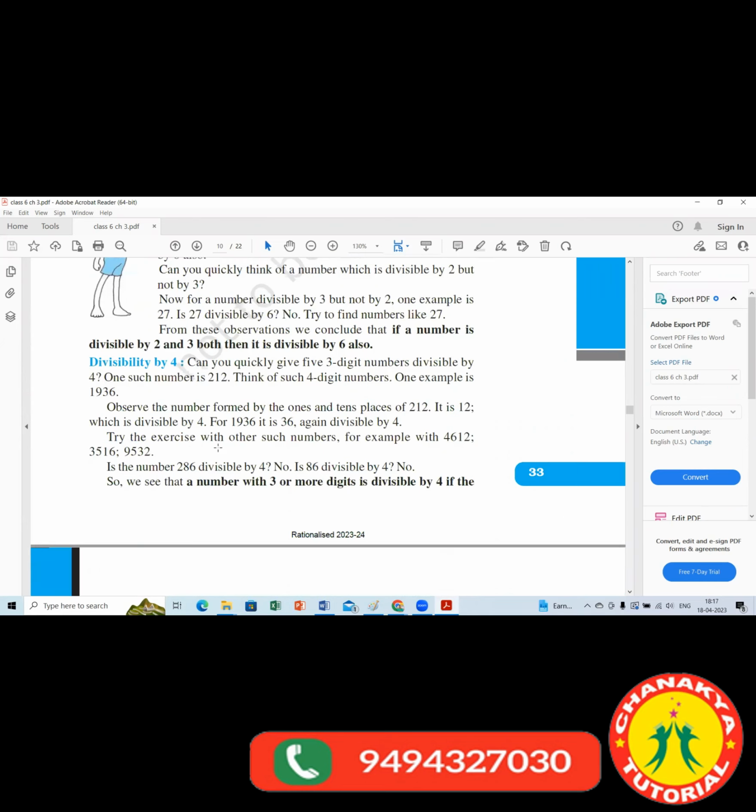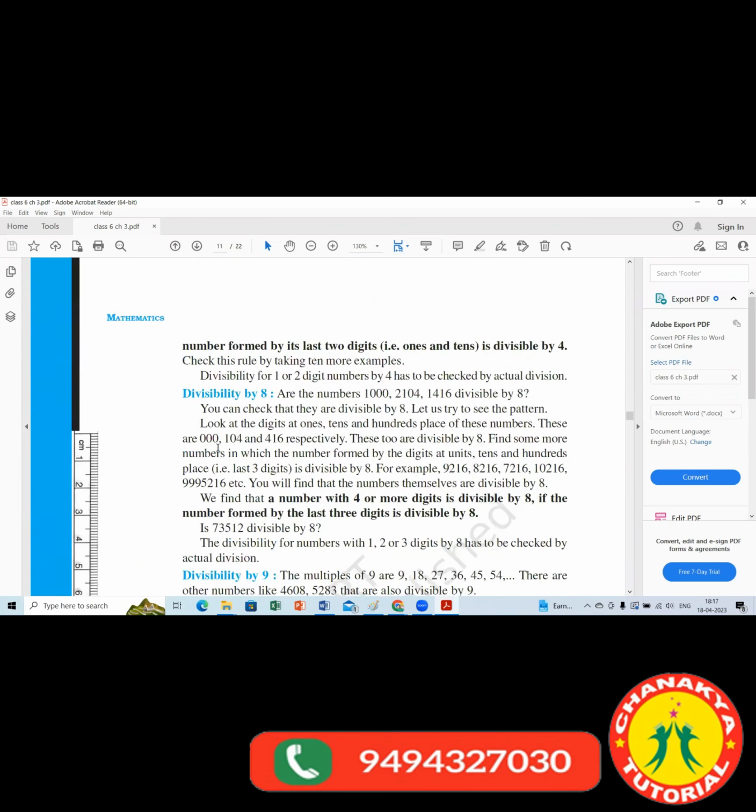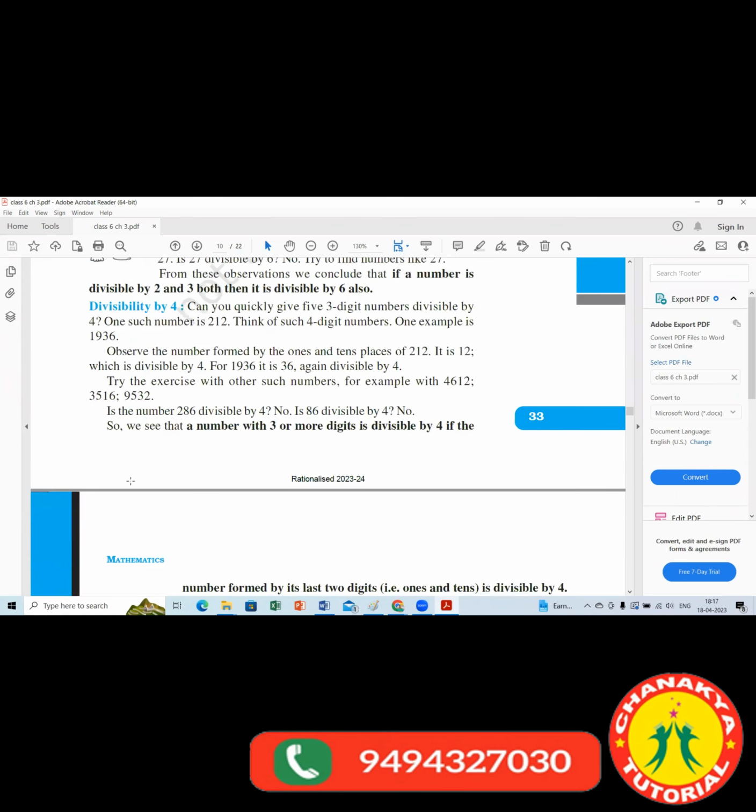Compare rule 4 and rule 8, because we should discuss them together so that it's easy for you. Yeah, ma'am. The divisibility rule of 4 is that the tens place and the units place must be 0 or should be divisible by 4. Yes, exactly. That's about the 4 rule.